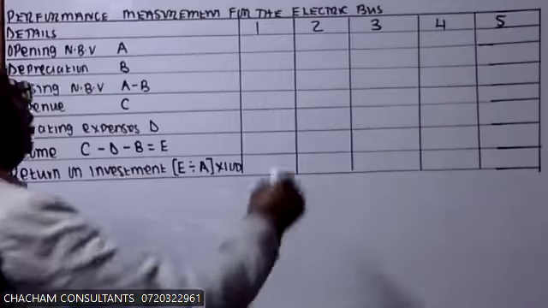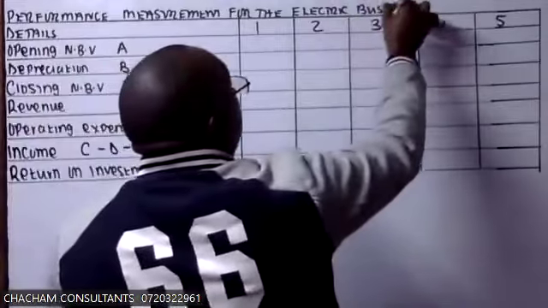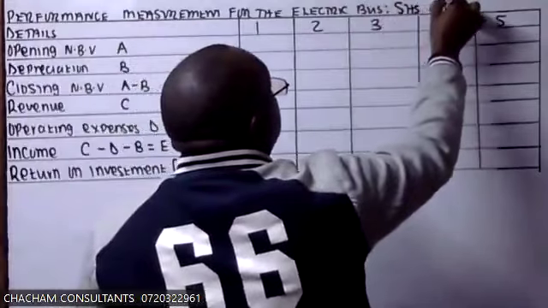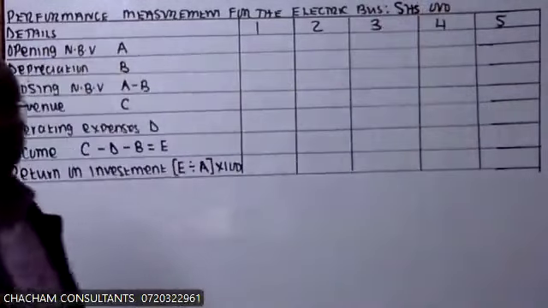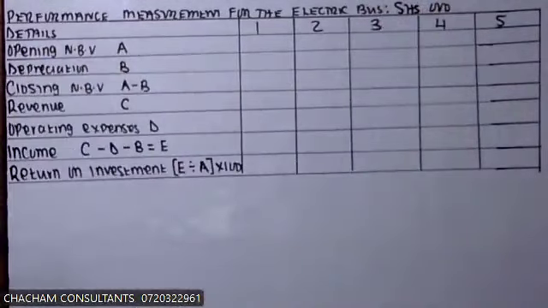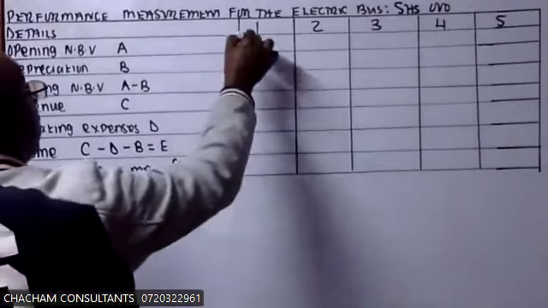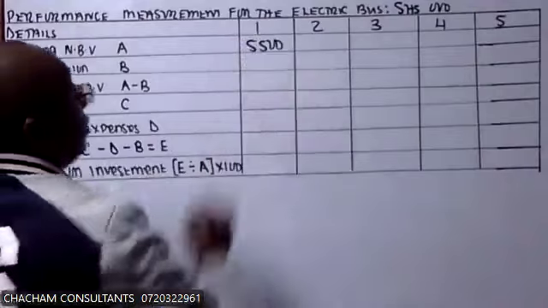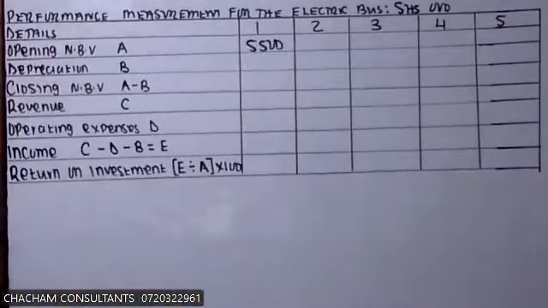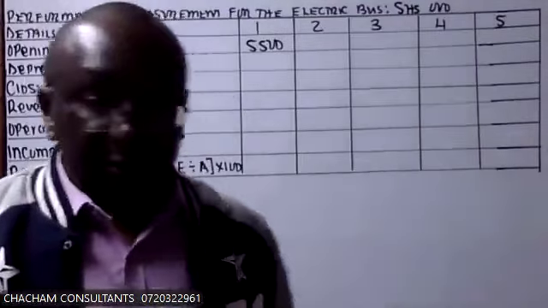We can have our figures in shillings in thousands. And the opening book value is, oh, have you finished drawing? Let me get to know. If you are finished, say my yes. If you are finished, say my yes.